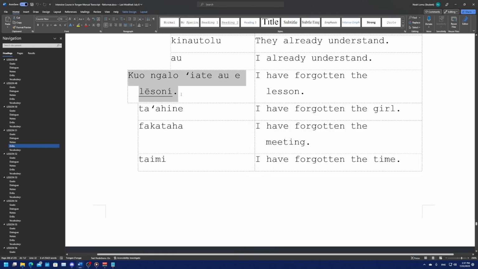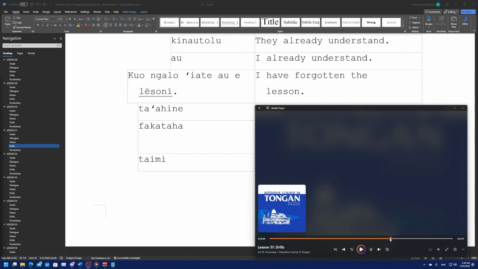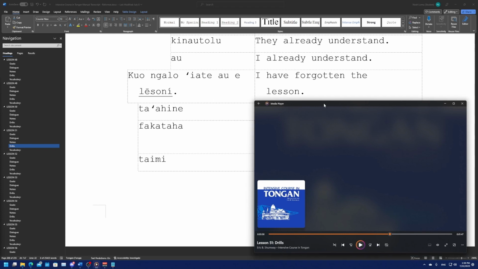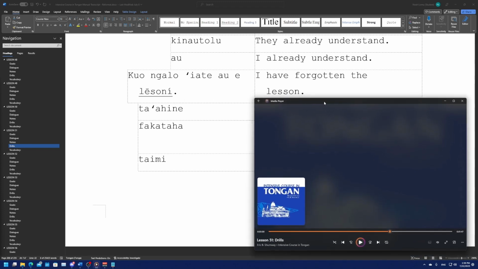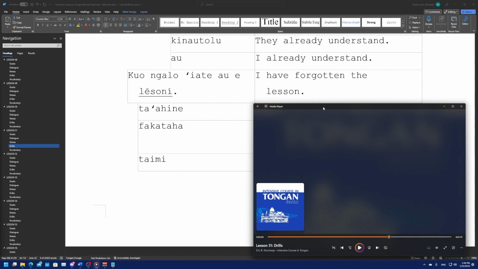Yeah, it's been observed that in native Tongan speech, the definitive accent also makes it longer. Kind of like in... okay.